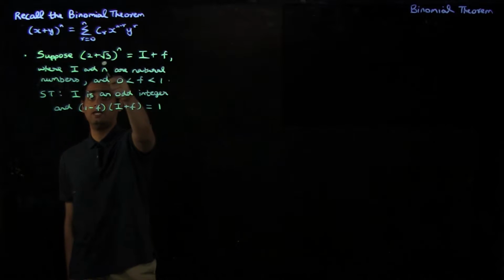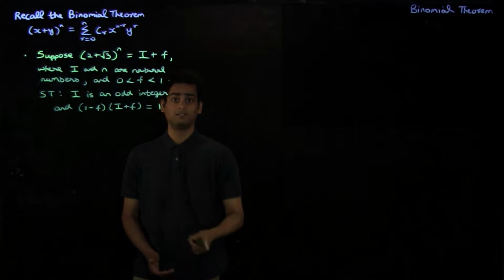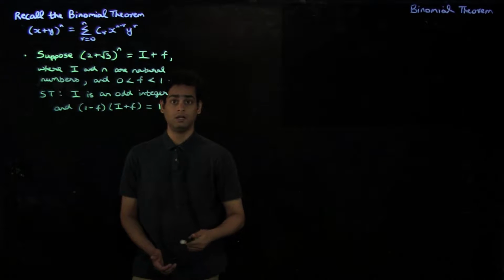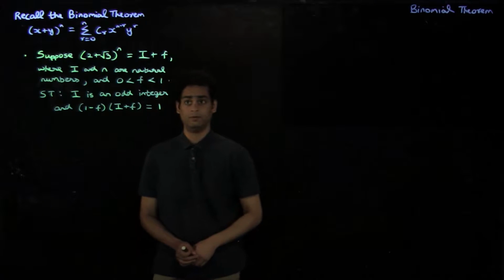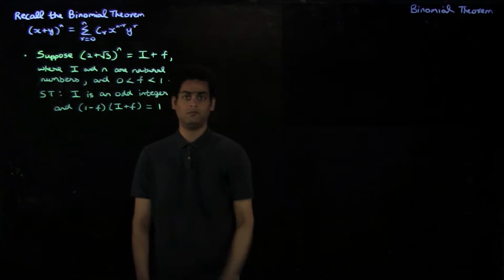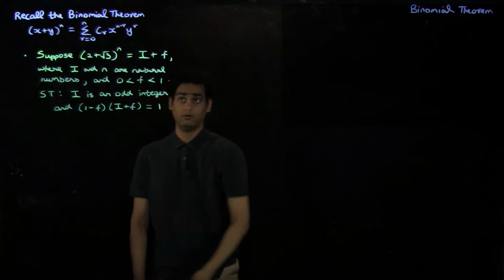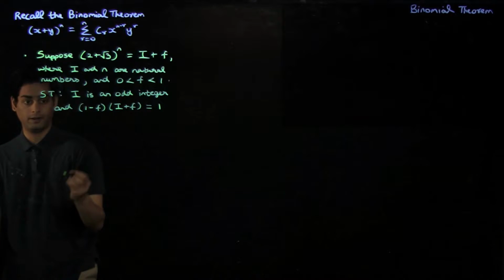So you can clearly use the binomial expansion of (2 + √3)^n, but you would have several terms which have √3 raised to some integer powers which may not be integers themselves. So that doesn't seem like a very promising route to derive the value of I. I is essentially the floor of (2 + √3)^n. So we shall use the following trick.